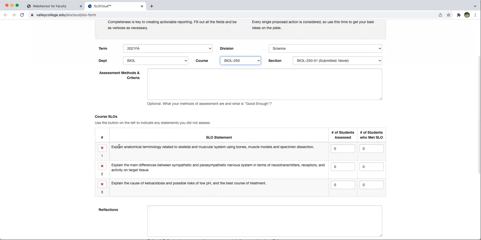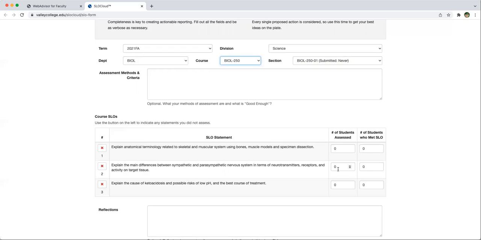The next thing you are going to do is look at your data, look at the information that you have collected over the semester, enter the number of students that completed that assessment in the first place, and then how many of those have met the SLO. Please do note that these numbers may differ depending on what part of the semester the assessment was completed.